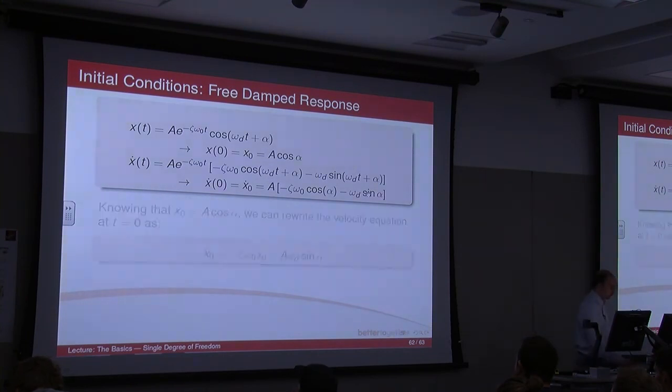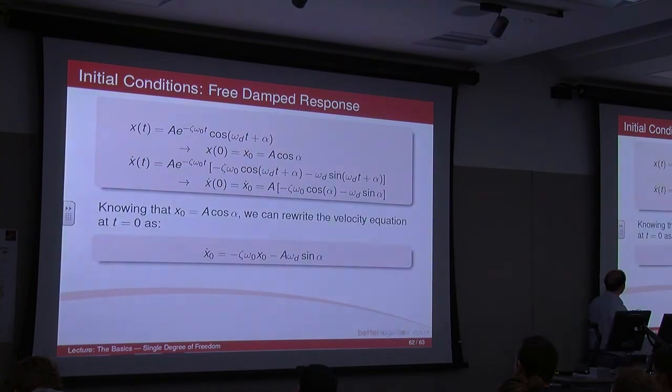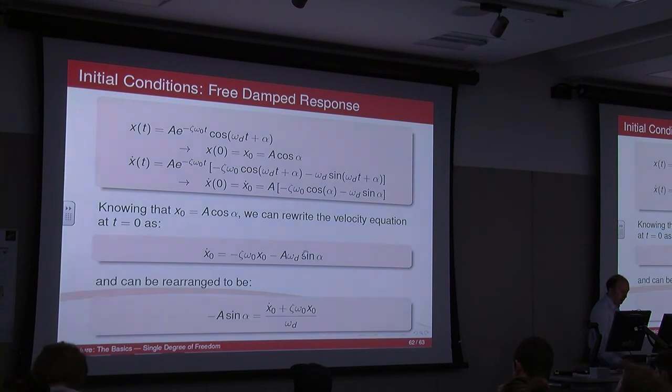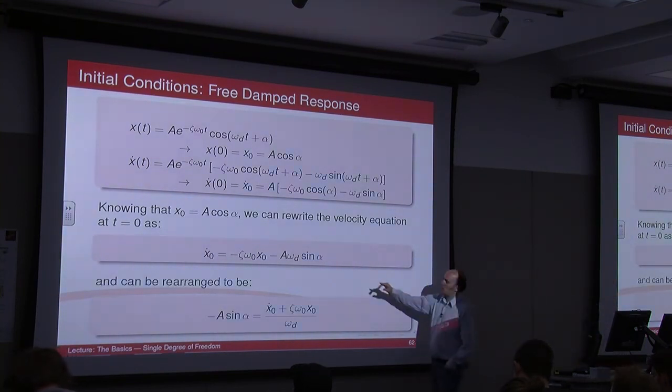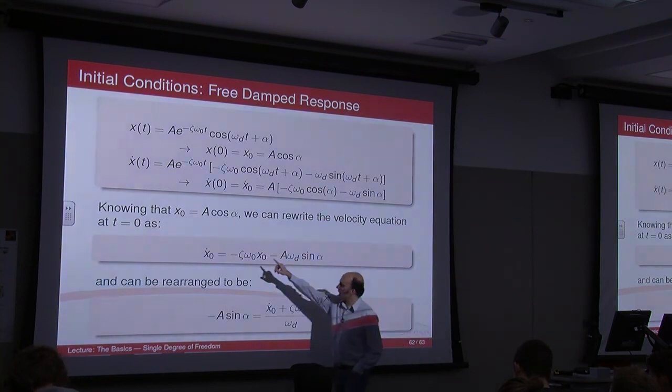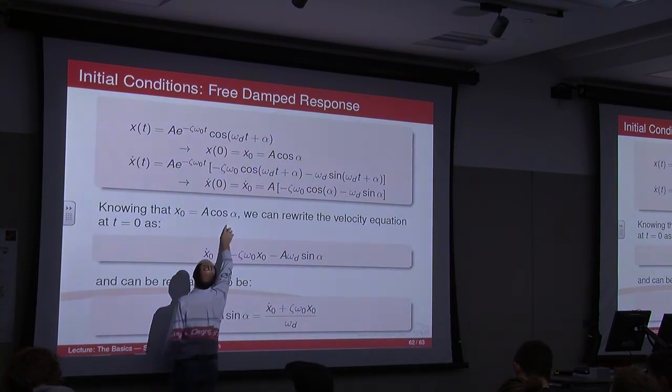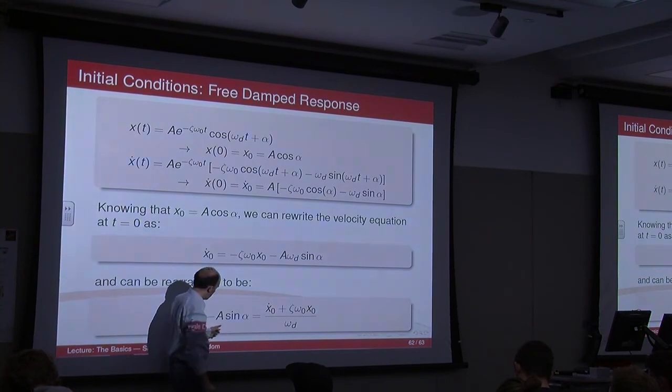Now we know that x naught is a cosine of alpha. We can rewrite the velocity equation at t equals 0 as this. And it's quite clear that you can rearrange to find minus a sine of alpha as this term. So there's our A1 for that alternative form, and there's our A2.